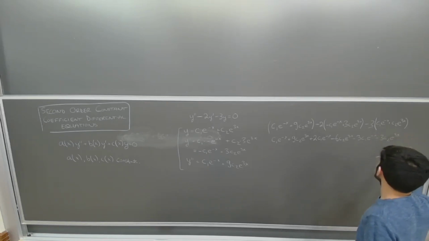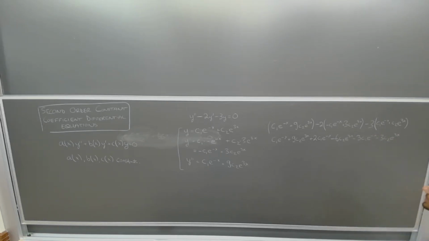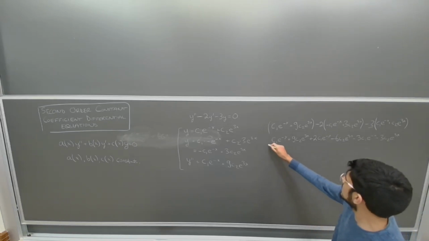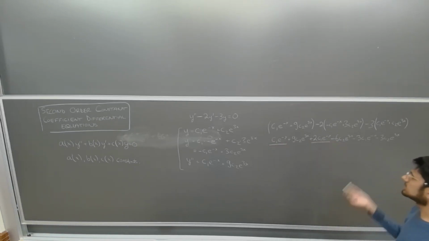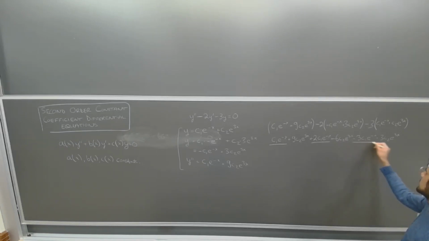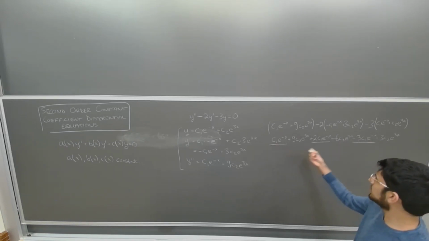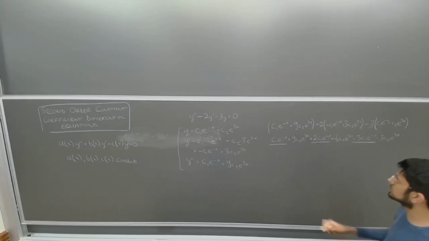Now it's just about grouping like terms. So this is a c1 e to the negative x. This is c1 e to the negative x. And this is as well. 1 plus 2 minus 3 is equal to 0.